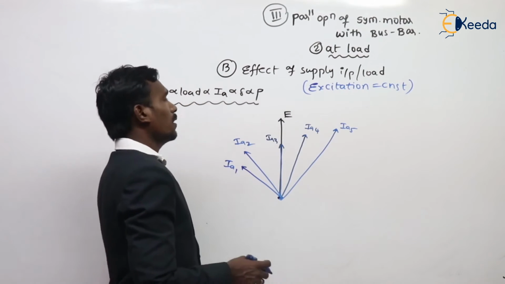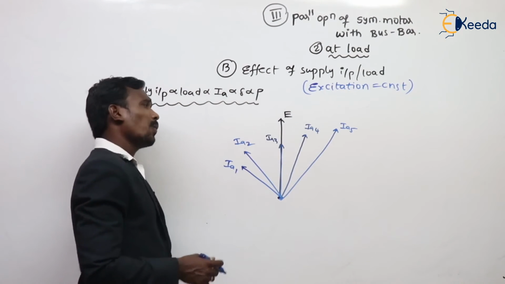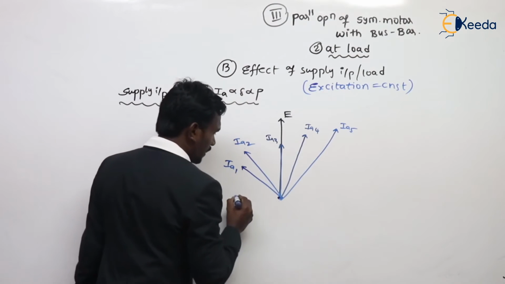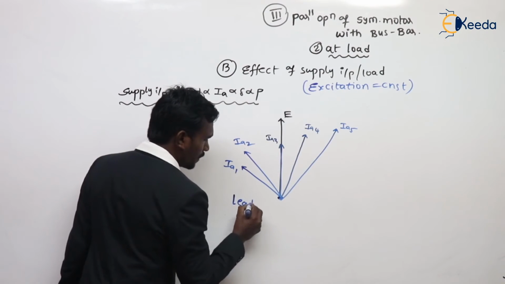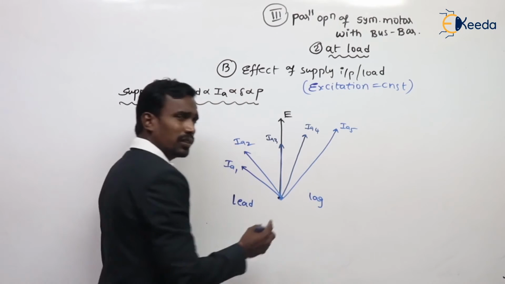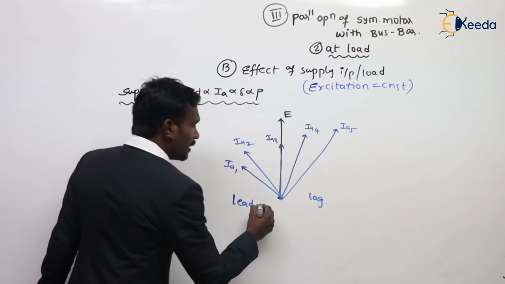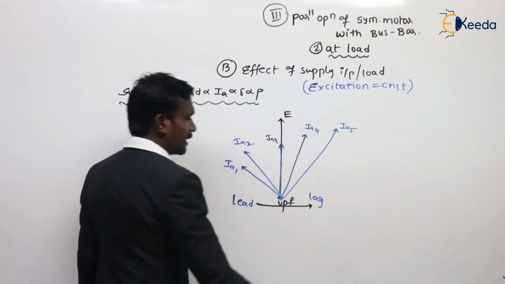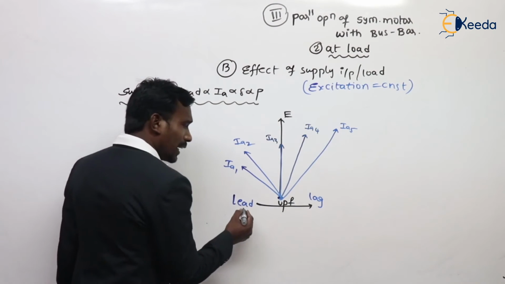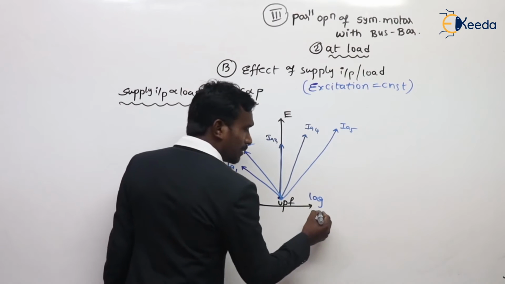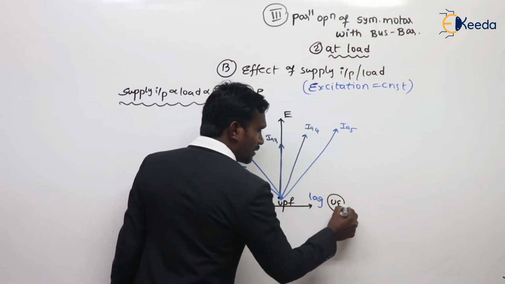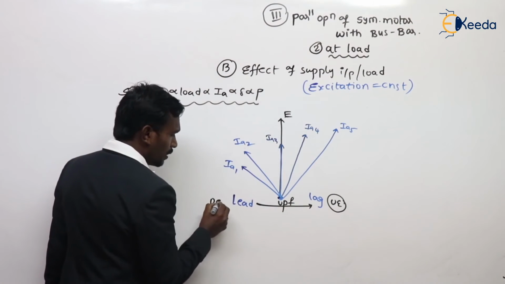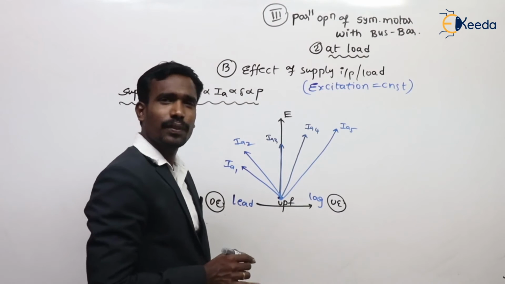But now let's see, when the load increases, this is leading load and this is lagging load. It goes from leading to lagging, and in between is unity power factor. Lagging is under-excited, leading is over-excited.